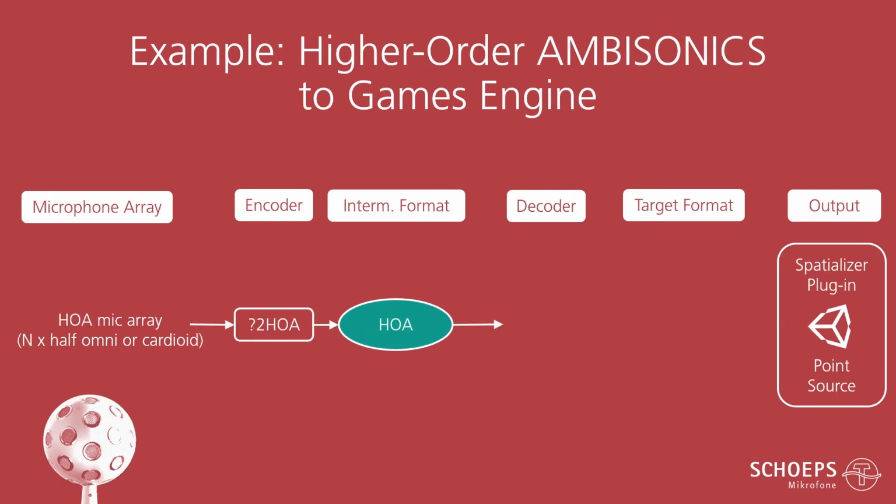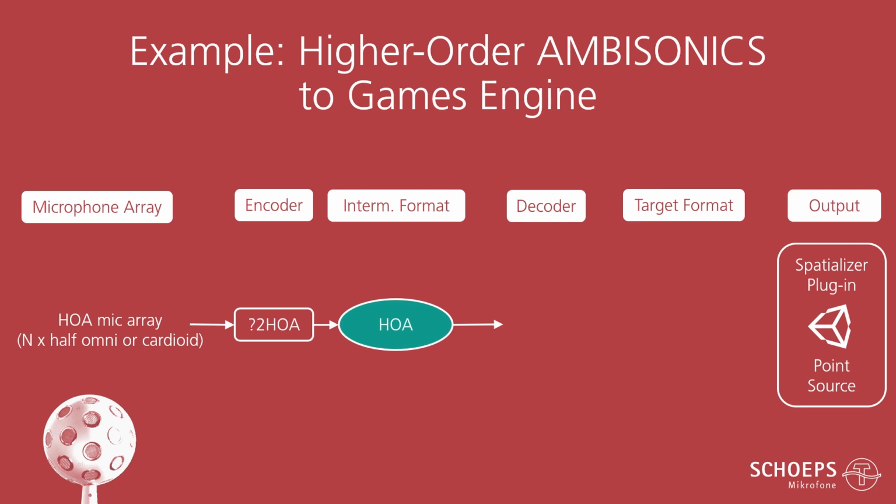So if you have a higher order Ambisonics microphone array, it'll be very comparable. You will put those half omni or cardioid signals that the microphone has with an encoder into an intermediate format, which will then be higher order Ambisonics and not first order Ambisonics. It could be third order, it could be fifth order or something.